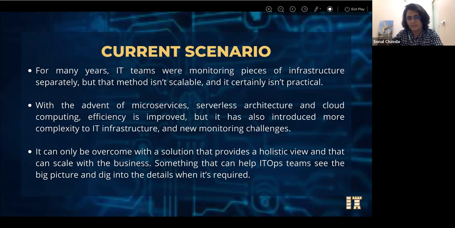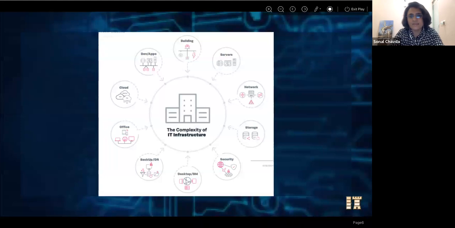So one needs something that can help all IT operational teams see the big picture and at the same time go into details whenever there is any issue arising in the system. If we try to understand a current complex IT infrastructure, it could be something like this.